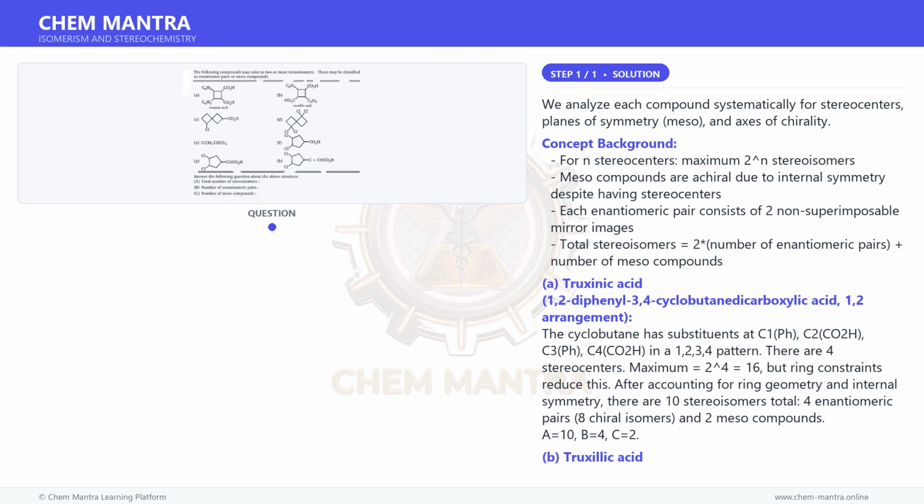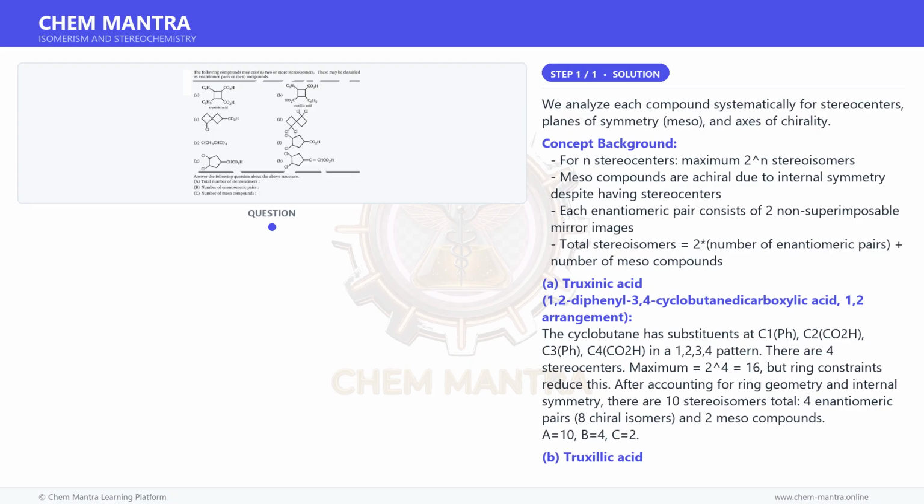A. Truxillic acid, 1,2-diphenyl-3,4-cyclobutanedicarboxylic acid, 1,2 arrangement. The cyclobutane has substituents at C1 Ph, C2 CO2H, C3 Ph, C4 CO2H in a 1,2,3,4 pattern. There are 4 stereocenters.